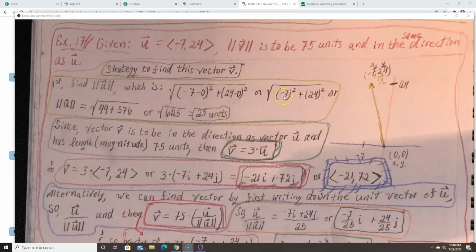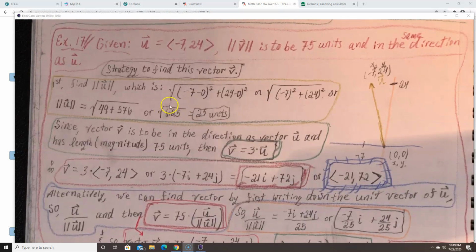Well, anyway, we get negative 7 squared plus 24 squared. Now, negative 7 times negative 7 is 49. 24 times 24 happens to be 576. Add those together, we get 625. The square root of 625, that happens to be a perfect square. 625 happens to be 25 times 25.